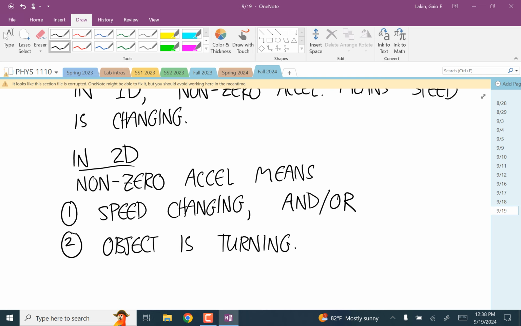You're being kind of thrown to the side as you turn around in the circle. Even if your speed stays exactly the same, what you're feeling is the acceleration that comes from the car not traveling in a straight line. It's turning. So this means that the direction of the velocity is changing.